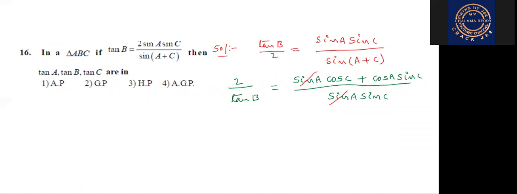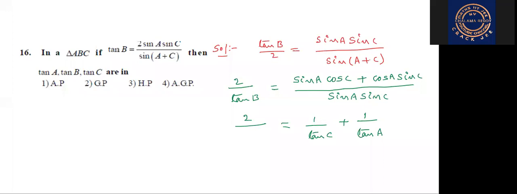Cot C means that is 1 by tan C. Plus, similarly in the second term also, sin C cancels. Cos A divided by sin A. What? Cot A. Cot A we can write as 1 by tan A. Okay.